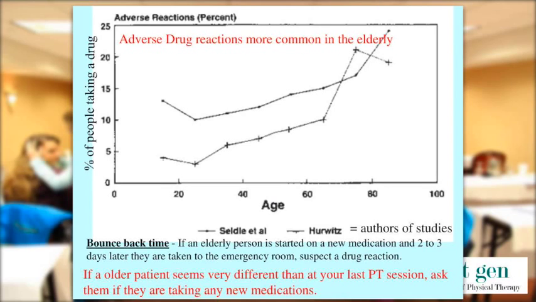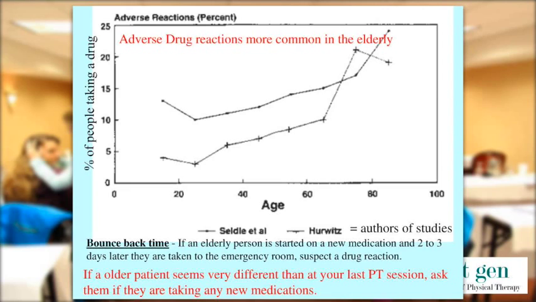And as you guys know from the readings, adverse drug reactions are much more common in the elderly. This chart just does a nice little summary of it. And a couple of good points that she made: if an elderly person starts a new medication and two to 3 days later they really take a turn for the worse, or they need to make a trip to the ER, or they just have a decline in cognitive status or physical status, then you really need to take a close look.